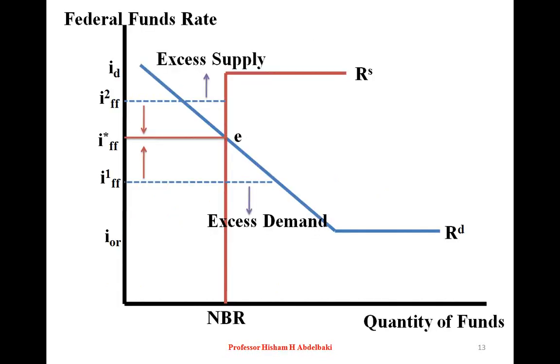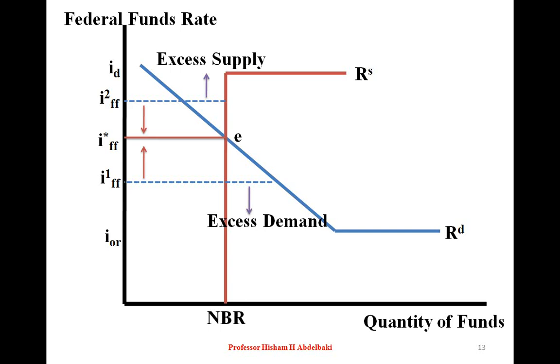So we have this situation. Both curves intersect at point E, where the demand curve is downward. So E is the equilibrium point and FF star is the equilibrium federal fund rate. Above FF star, we have excess supply, a surplus. Supply of reserves is greater than demand for reserves.